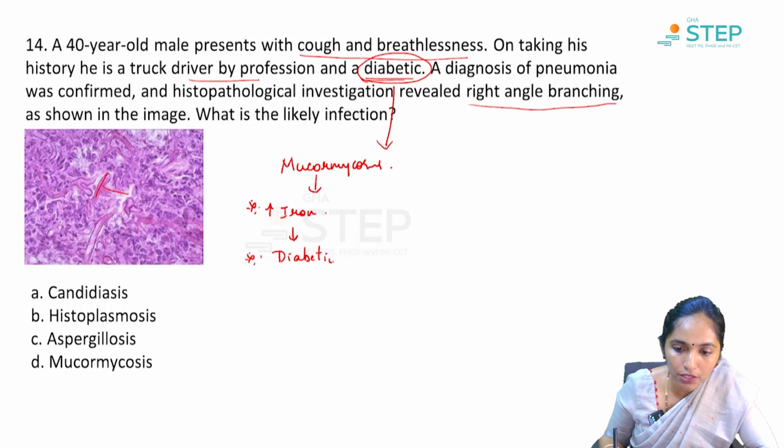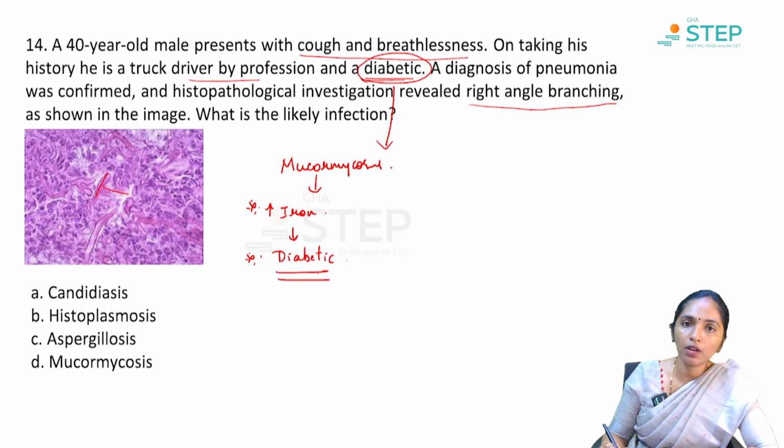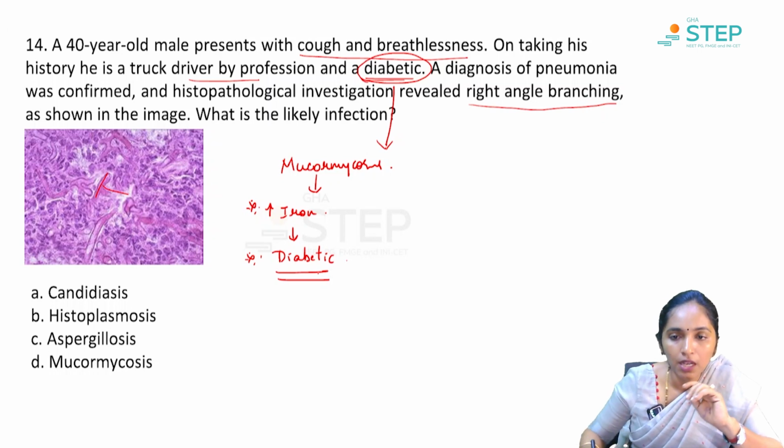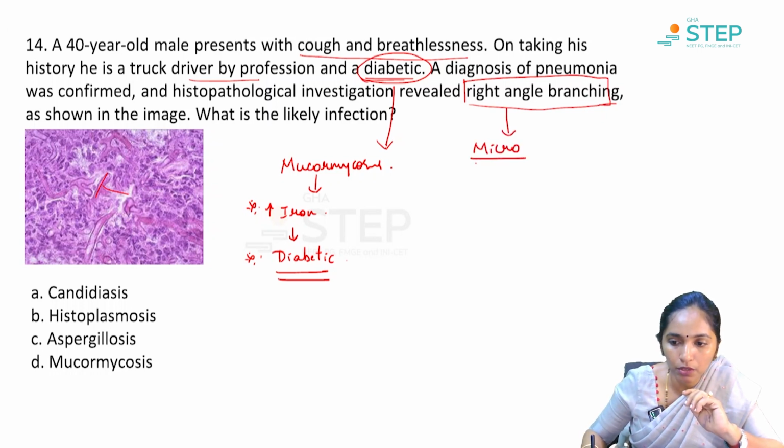So we will have a history of diabetes or a patient on iron therapy, but more commonly diabetic ketoacidosis is the risk factor. The next hint in this question is right angle branching, the microscopic feature of mucormycosis.